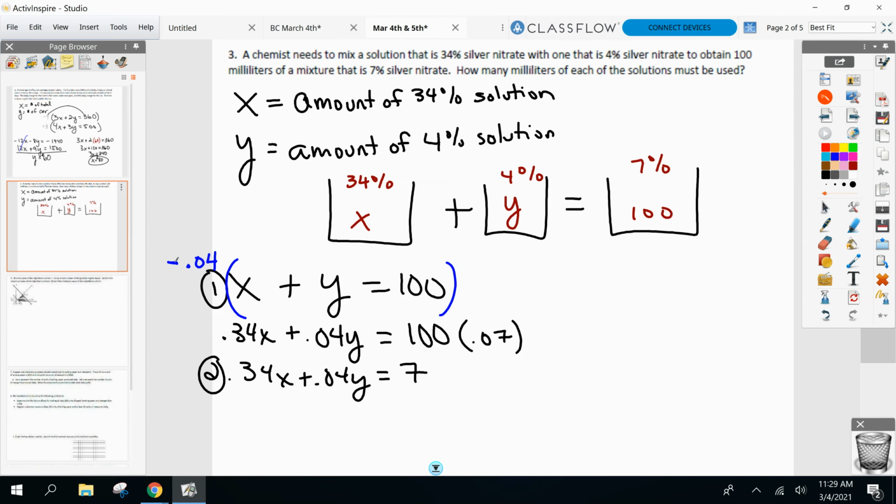So multiply the first equation by negative 0.04. Distribute all the way through now. Go ahead.